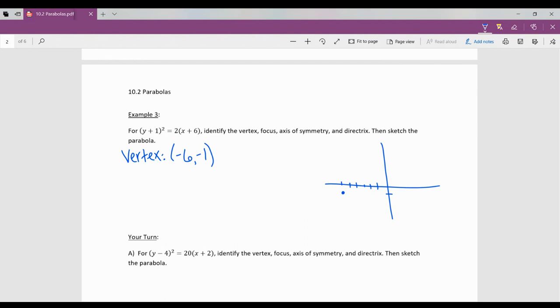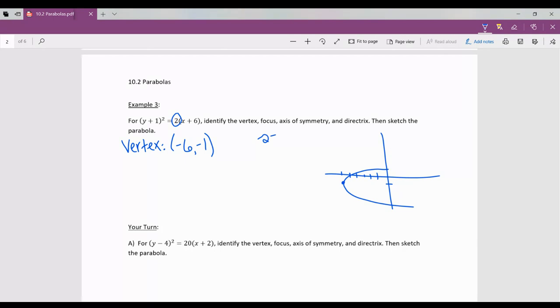All right, now because it's positive, it's going to be opening to the right. So we've got 2 equals 4p, so p is going to equal 1/2 or 0.5.